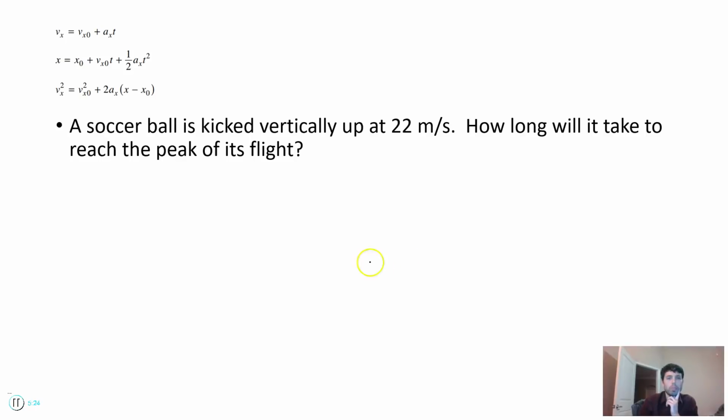The soccer ball is kicked vertically at 20 meters a second. Alright, so we're going vertically up. Oh, guys, that's terrible. Up arrow, isn't it? Fix that real quick. That's my pen. Okay.